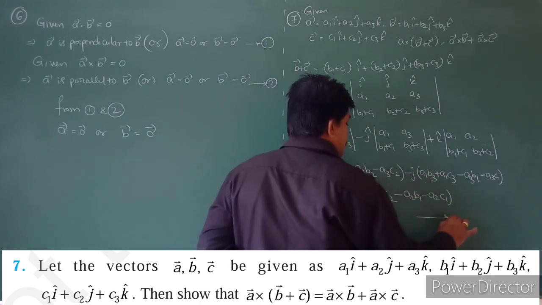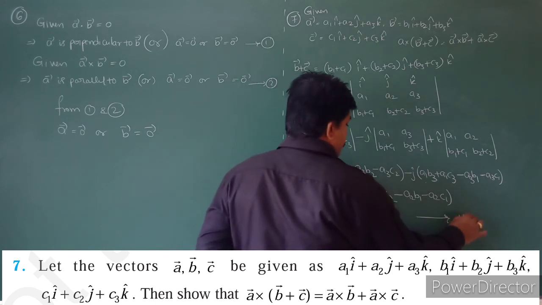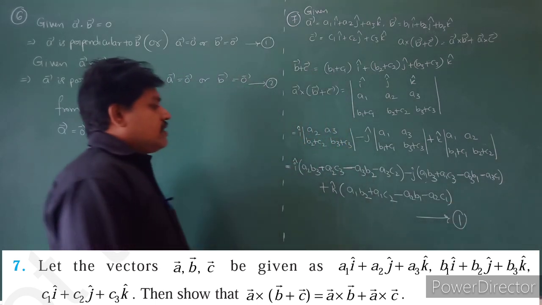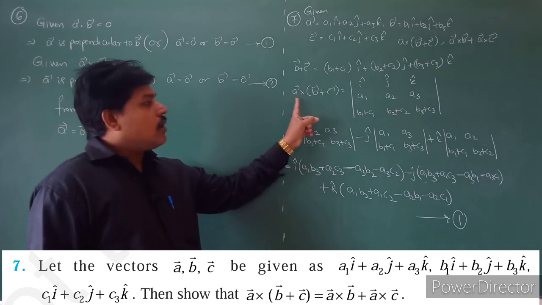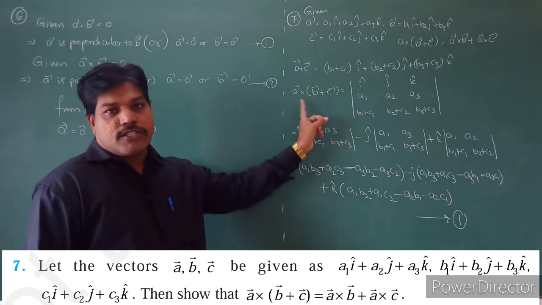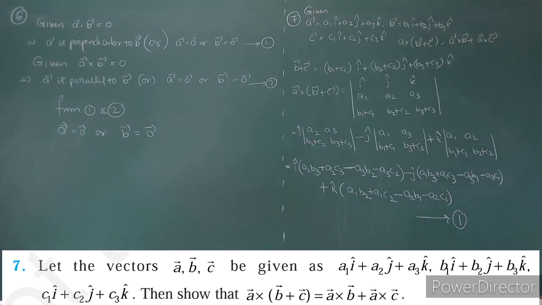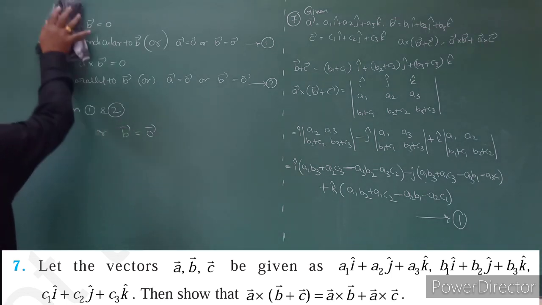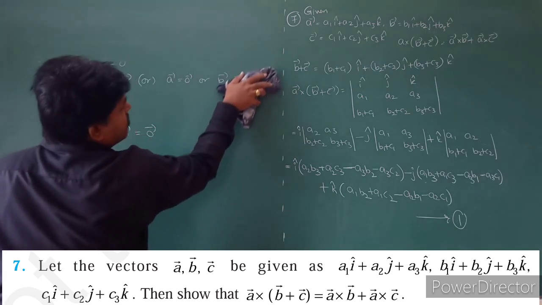This is equation number 1. So what is this value? This value is nothing but A cross of B plus C. Similarly, you can calculate the remaining two also.